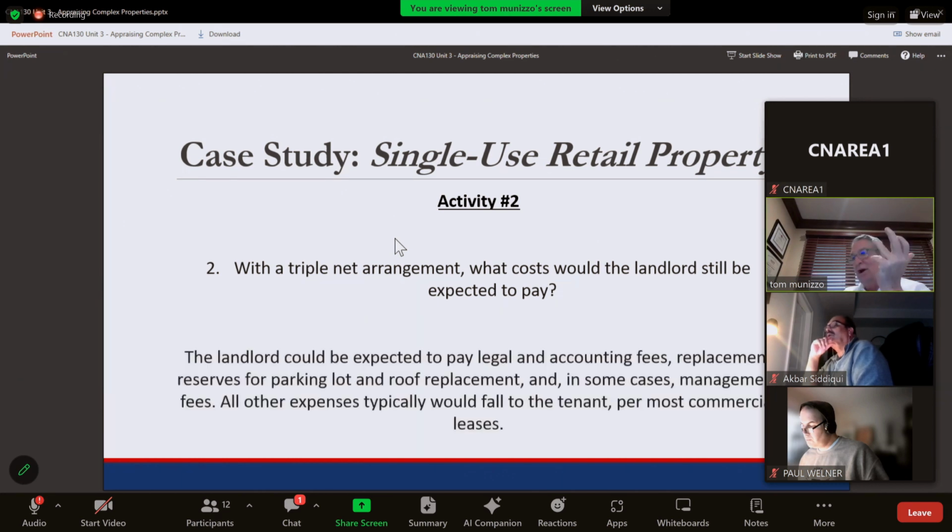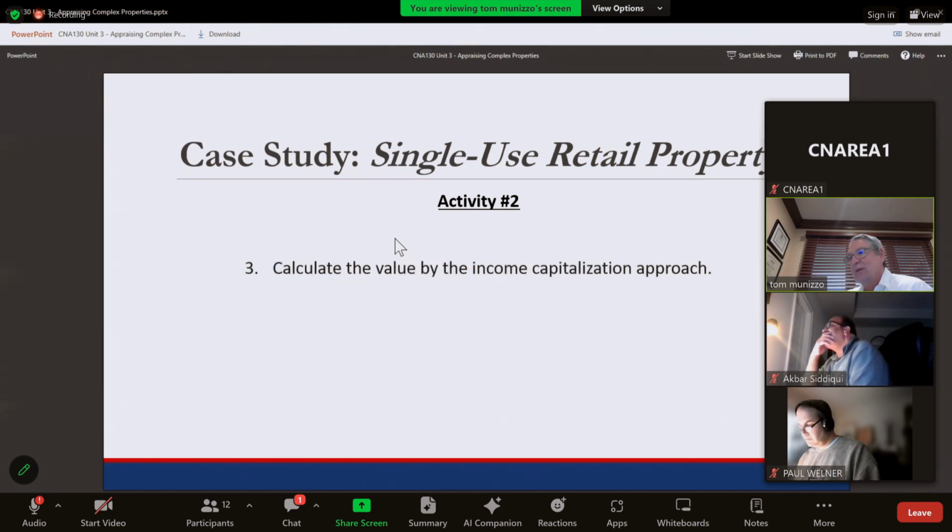It would be legal and accounting, replacement reserves, in some cases management. All the other would fall on the tenant, so that would be your taxes and your insurance, that type of stuff. And that is going to help us get to the net annual income.